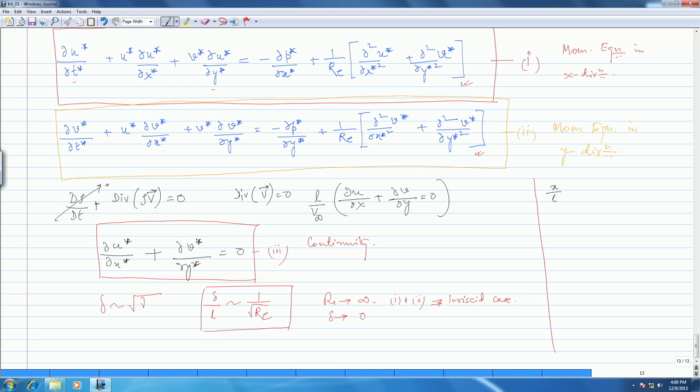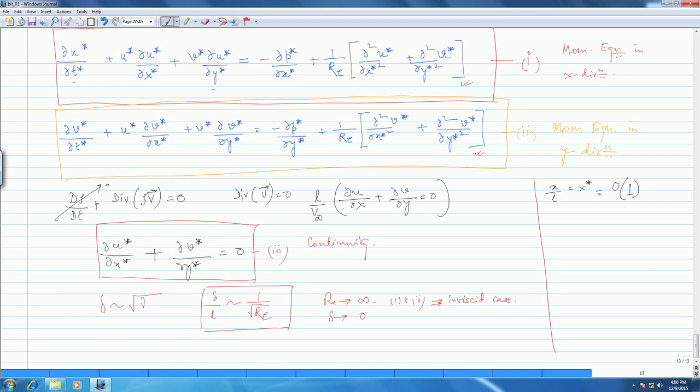Now what you need to understand is that the boundary layer is developing along x, so the maximum value of x can be L. That's the length of your plate. So therefore x by L, which is equal to x star, has an order of 1.